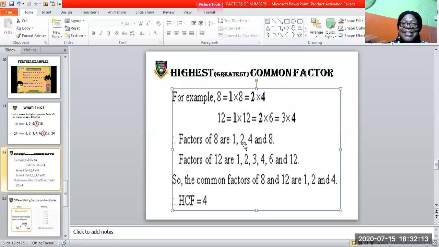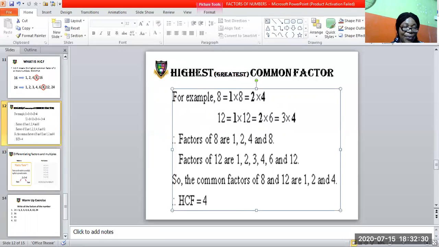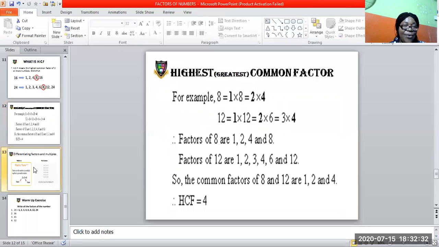Then the highest of these numbers is number 4. Okay? All right. Beautiful. So the highest common factor is 4. Why? Because it is the largest number among the factors. Are we together? Now we move on.